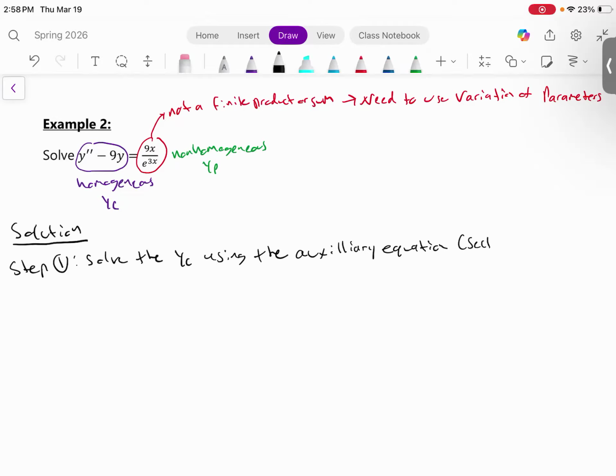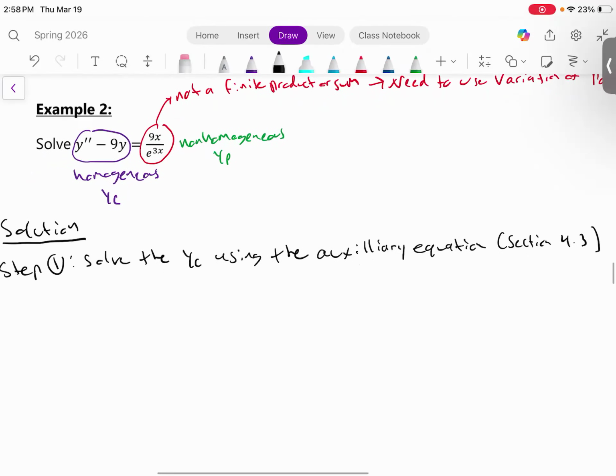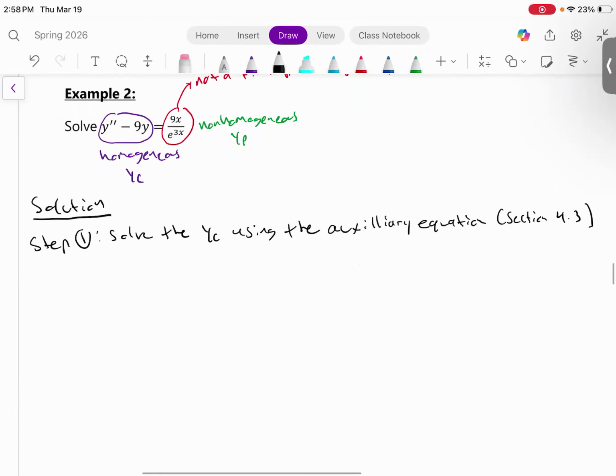And that's from section 4.3. Okay, so that's the first step.